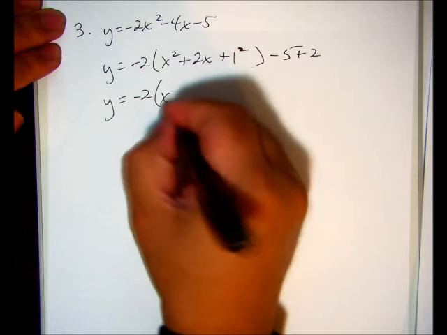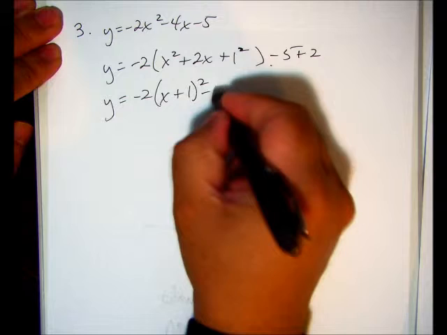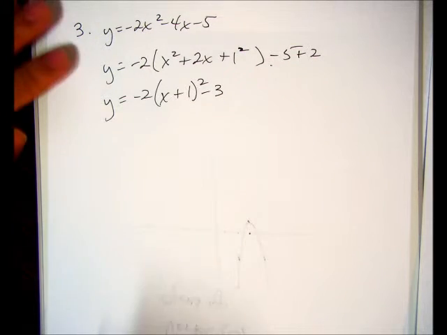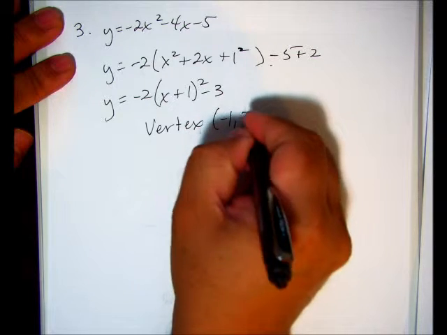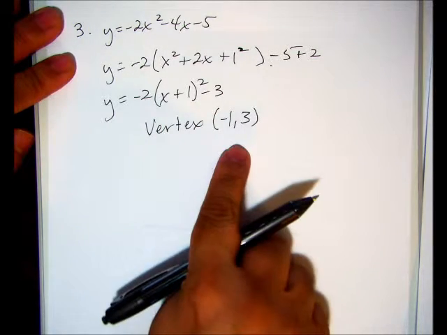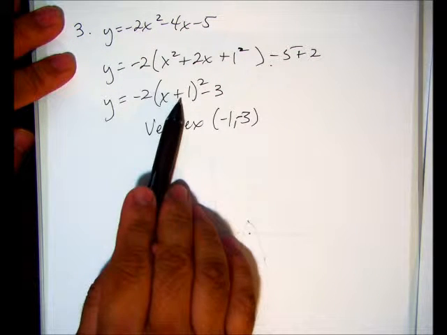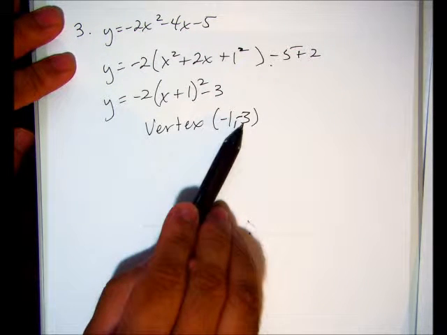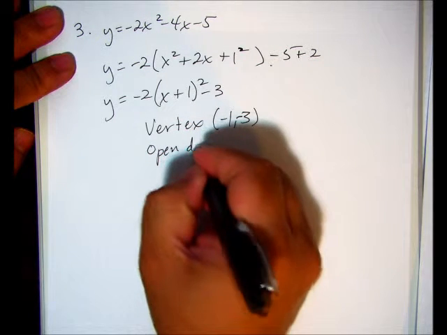So my perfect square is (x plus 1) squared, and I got negative 5 plus 2, which is negative 3. So my vertex is at (negative 1, negative 3). Remember to take the opposite of the x part and keep the sign of the other.